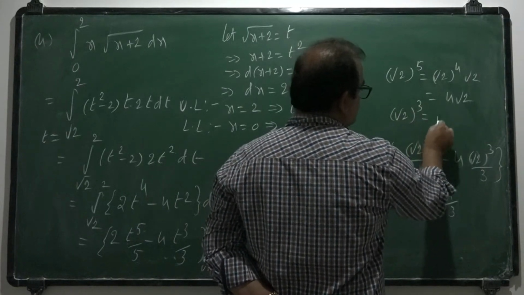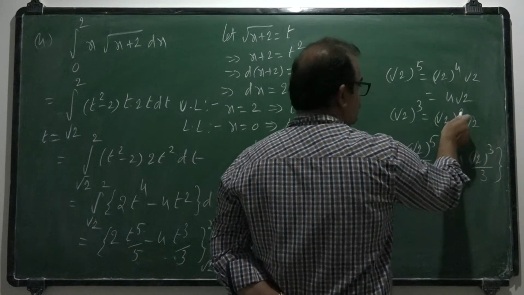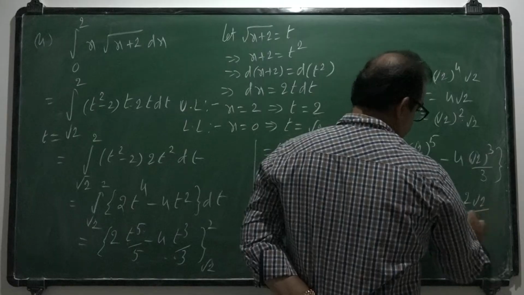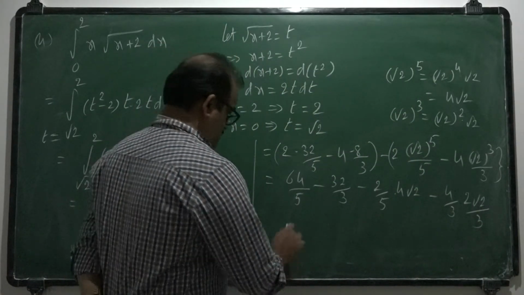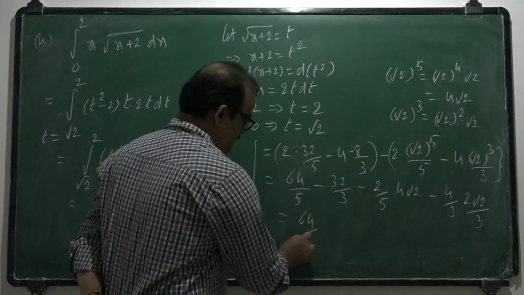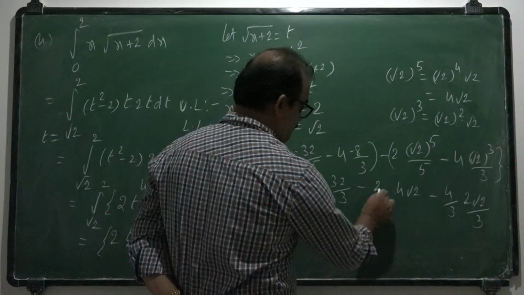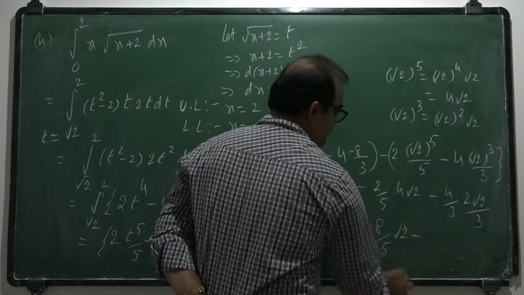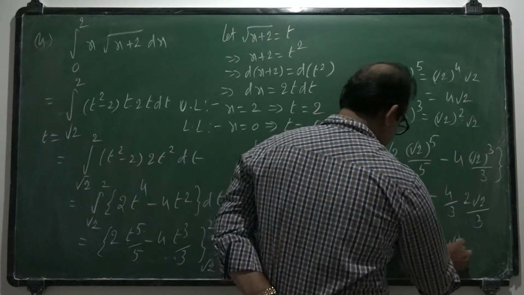Root 2 whole cube is taken as root 2 whole square into root 2. Root 2 whole square 2, so 2 root 2 by 3. 64 by 5 minus 32 by 3, 4 into 2, 8 by 5 root 2, 4 into 2, 8 by 9 into root 2.